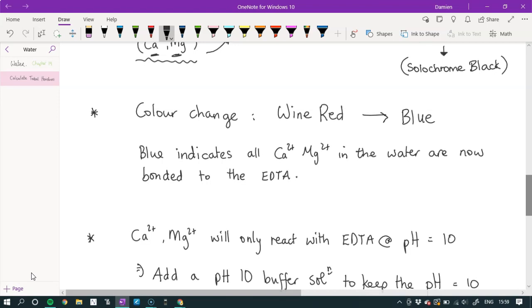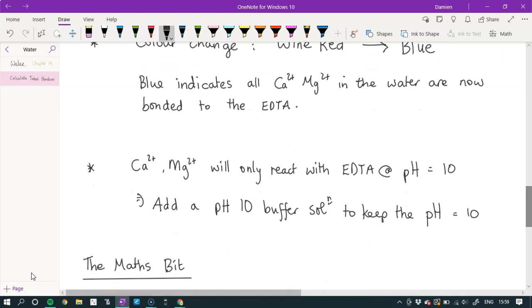If you get a blue colour in the experiment, that indicates that all the calcium and magnesium in the water has now bonded to the EDTA, and that's the point of the EDTA solution. The EDTA solution actually surrounds the calcium and magnesium ions, and that's what's called a complexometric titration. So you may come across that as well.